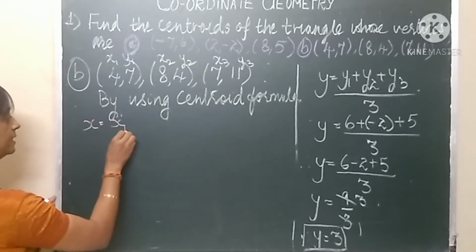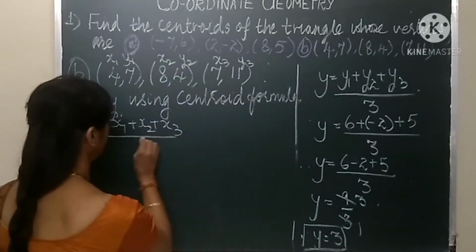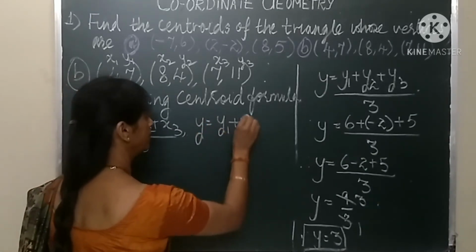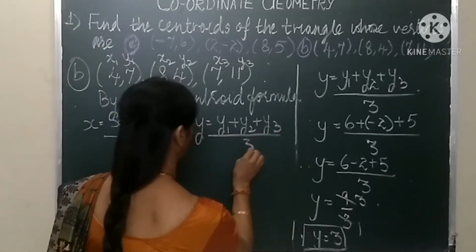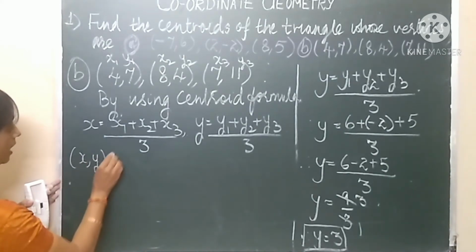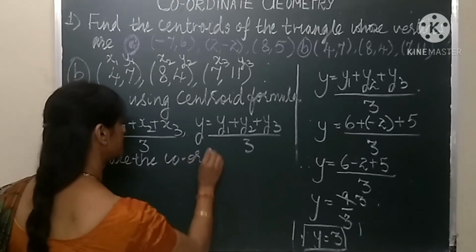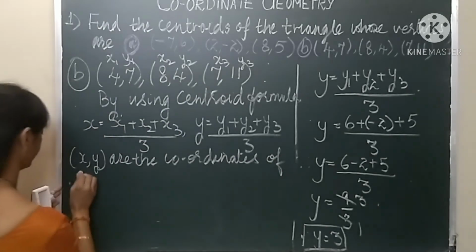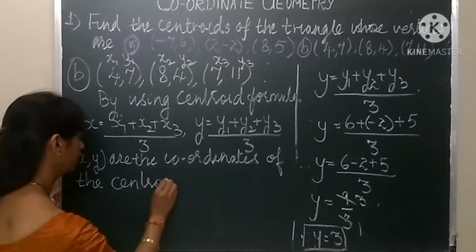So by using the centroid formula, what do we get? x is equal to x1 plus x2 plus x3 upon 3, and y is equal to y1 plus y2 plus y3 upon 3. And what is x and y? x and y are the coordinates of the centroid.